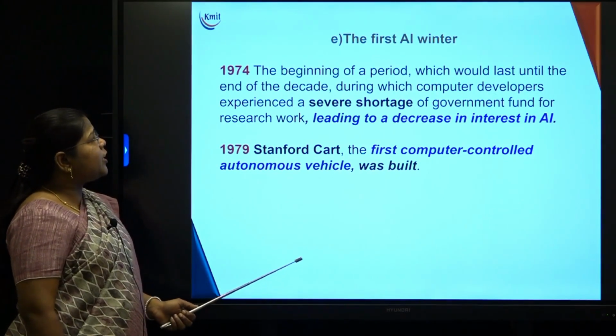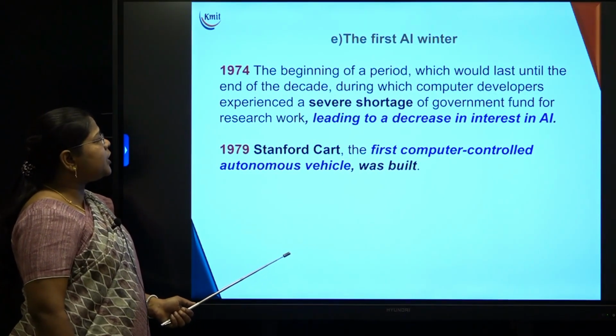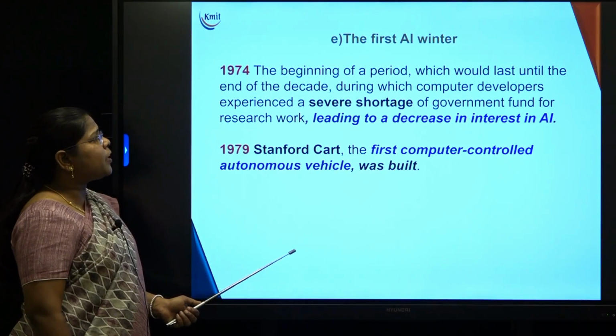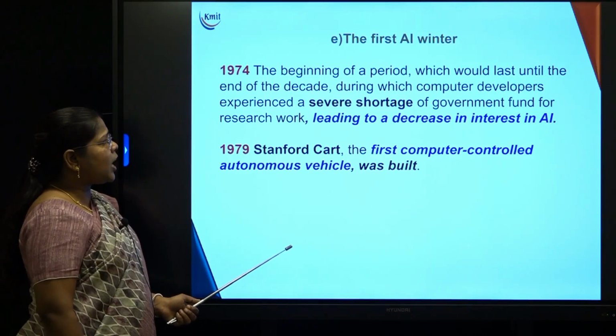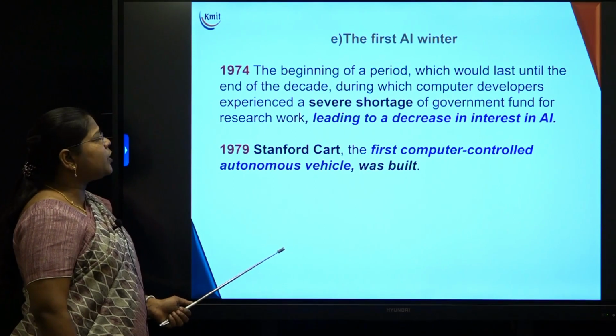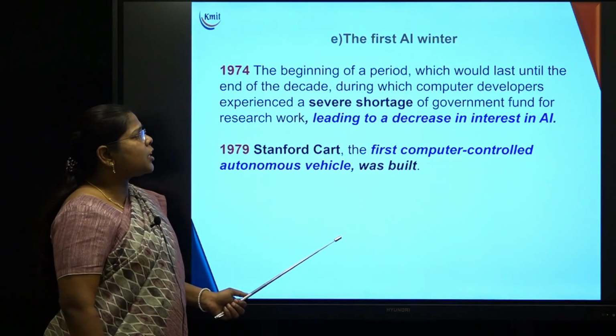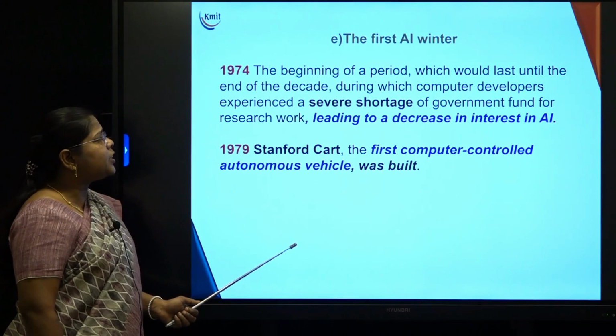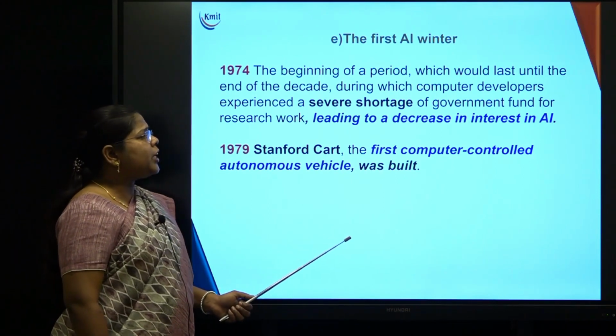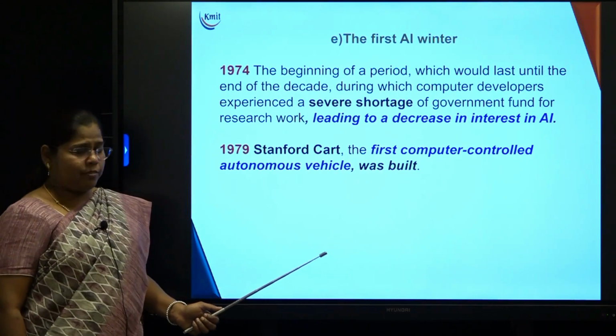The first AI winter. In 1974, the beginning of a period which would last until the end of the decade. During this, computer developers experienced a decrease in the interest in AI.